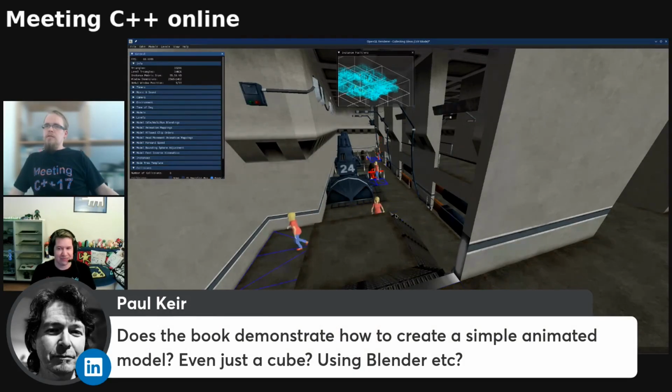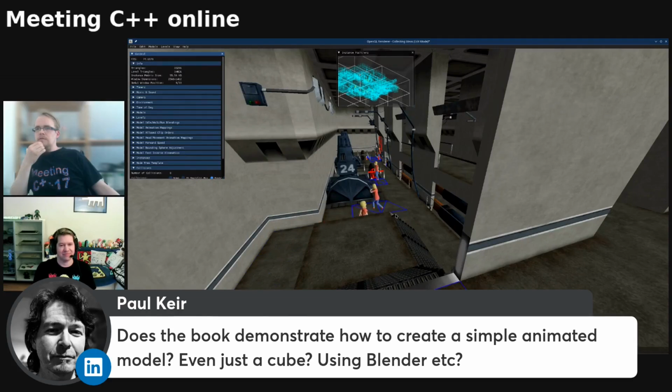And there's a follow-up question. Does the book demonstrate how to create a simple animated model, even just a cube using Blender? No, this is just about using models and not creating models. As I said, I recently had a book about doing a simple model using Blender, and I have a book right now to read about rigging and all this stuff.